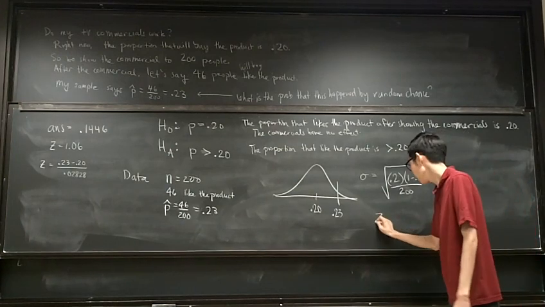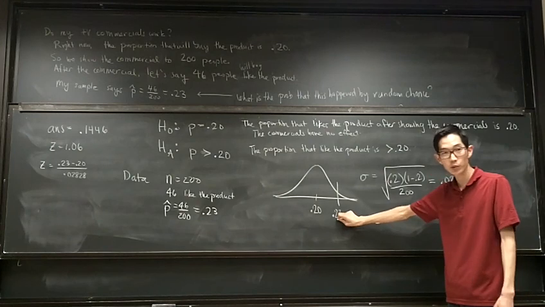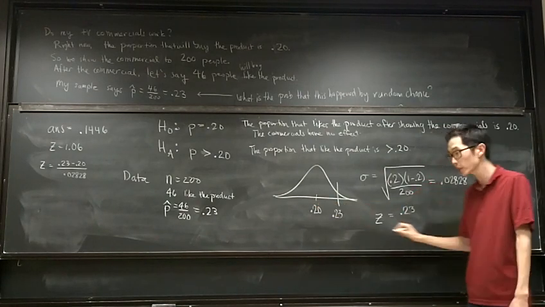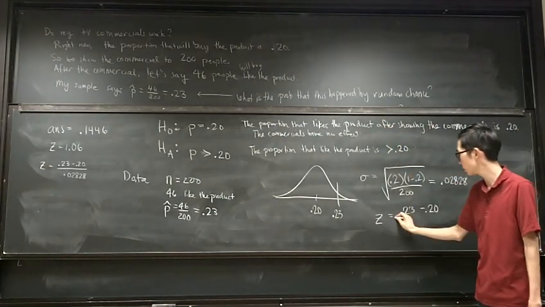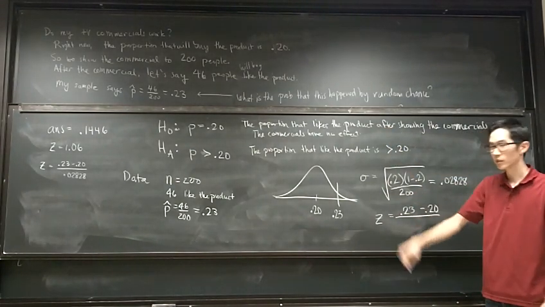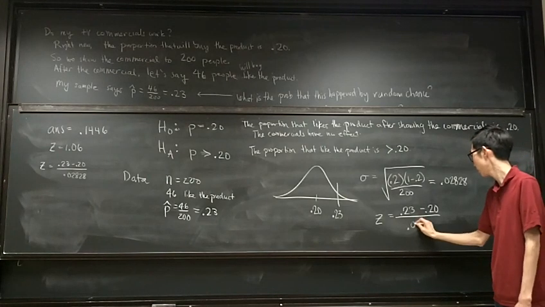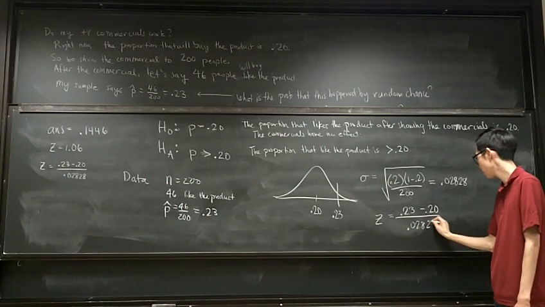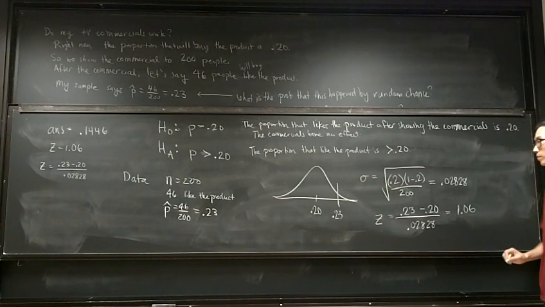So my z-score is what I observed, 23%, minus what I expected. If the null hypothesis were true, I would have expected 20% of my sample to like my product. I divide that by my standard deviation, and I get a z-score of 1.06.